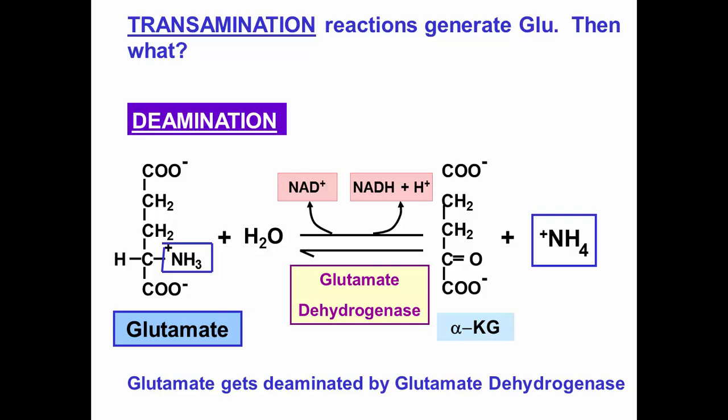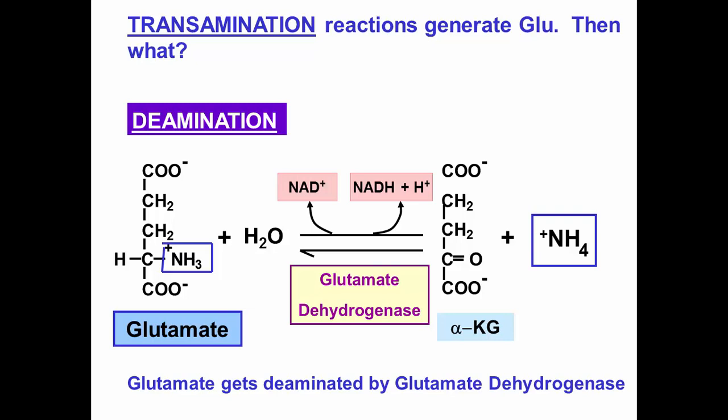Okay, and this is really important that this is happening because it's got very high coordinated activity. Glutamate dehydrogenase, whereas the transaminases are in cytosol and mitochondria, glutamate dehydrogenase is a mitochondrial enzyme. Okay, so just a tidbit there because we think about where this NADH goes, right?